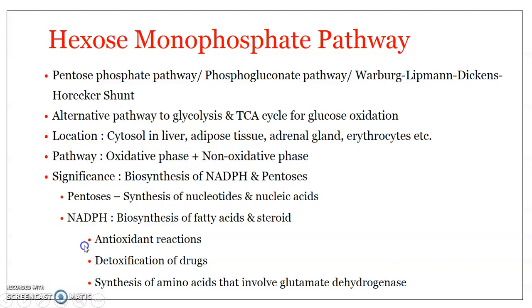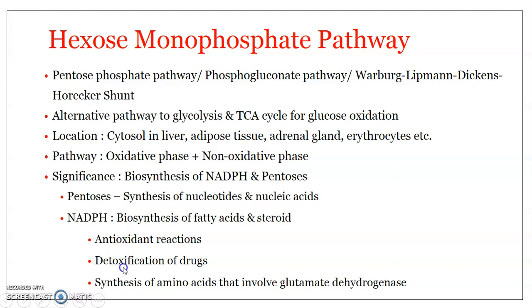It is also involved in the detoxification of chemicals, like detoxification of drugs and poisons in the liver, and neutralizing ammonia. Where does it take place? It takes place in liver and kidney, especially in liver. The HMP pathway helps in providing a sufficient amount of NADPH for all these reactions.